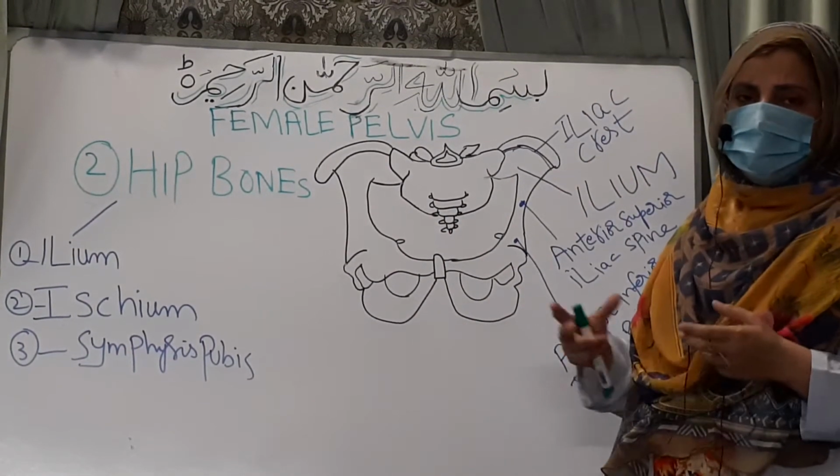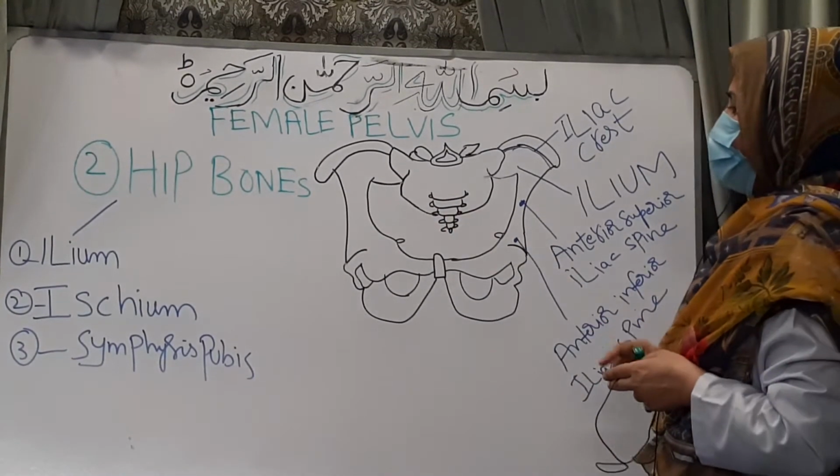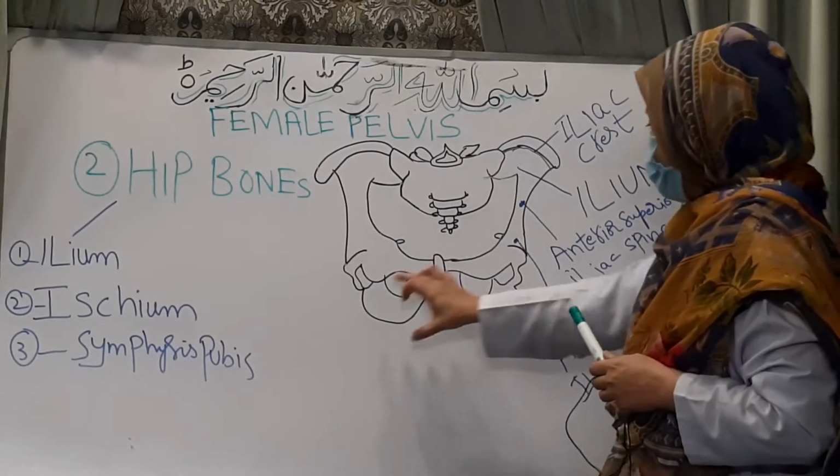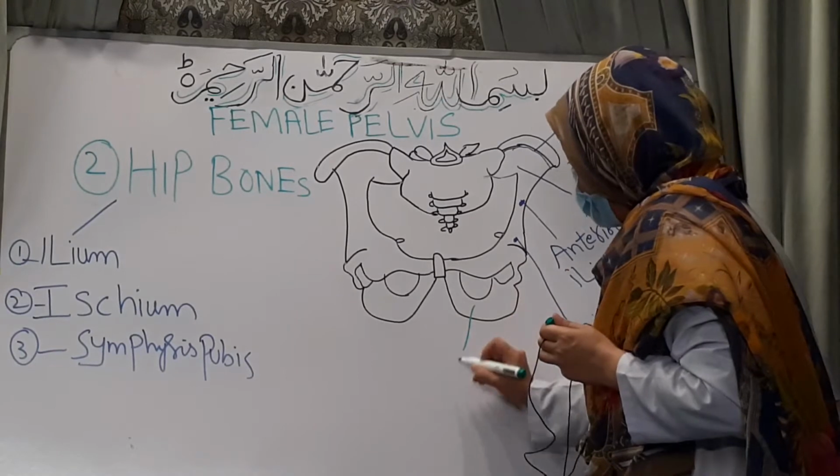Now we are discussing the parts of the hip bone. First we discussed ilium. Now we are coming towards ischium. This part is known as ischium.